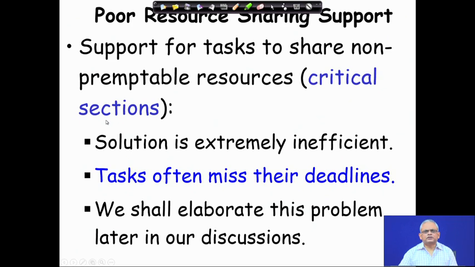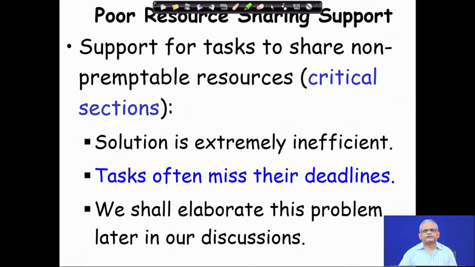If we look at the solutions that exist for resource sharing among tasks in EDF and critical resources, the solution is extremely inefficient, and this causes the tasks to miss their deadlines. As we proceed in a couple of lectures, we will examine the issue of resource sharing.